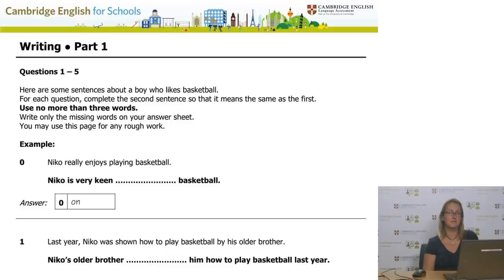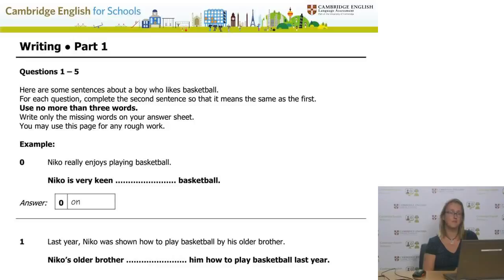For each question, there is one sentence which is complete and a second sentence which has a word or words missing. Candidates have to complete the second sentence with between 1 and 3 words so that it means the same as the first sentence. All 5 sentences share a common theme or topic. Here's one for you to try.